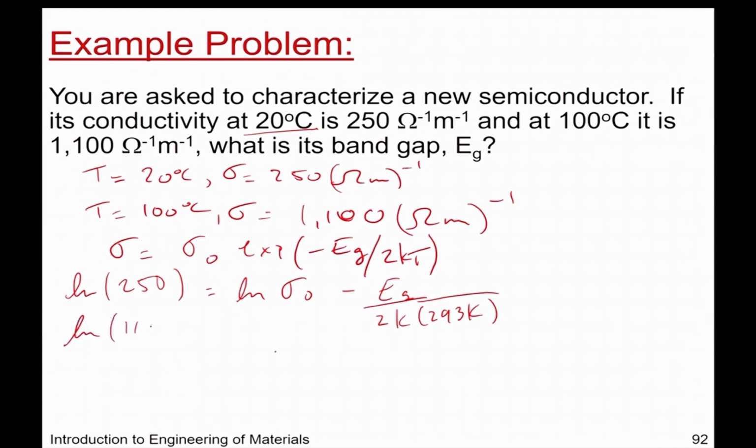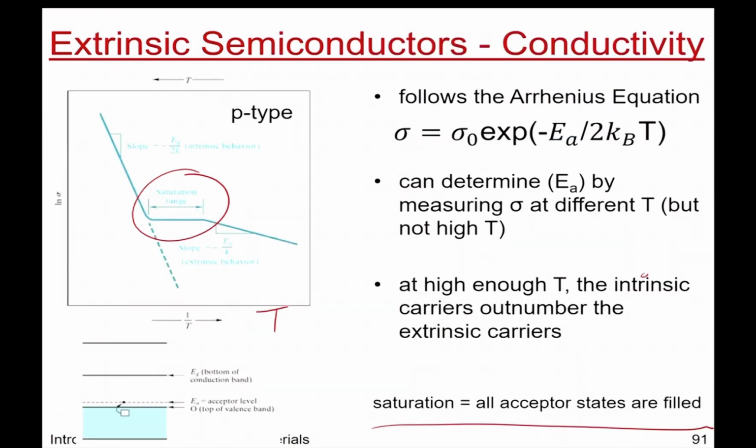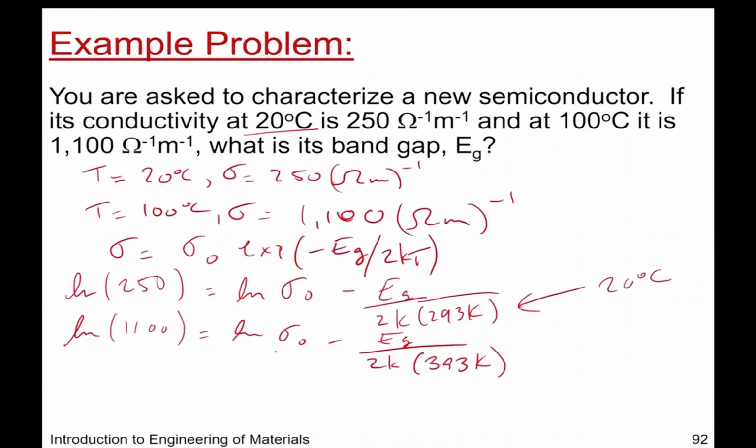Similarly, I don't know what the prefactor is. So this I already converted from 20 C, and this I converted from 100 C. Okay. So always remember temperature in Kelvin.